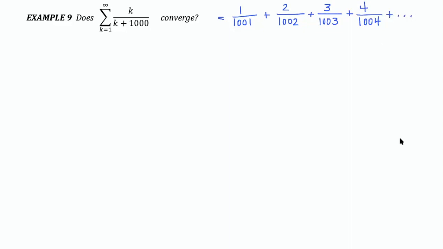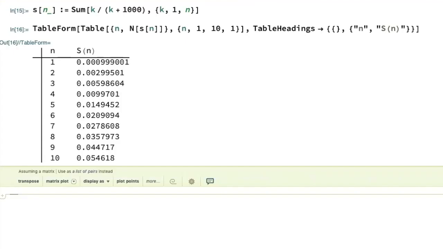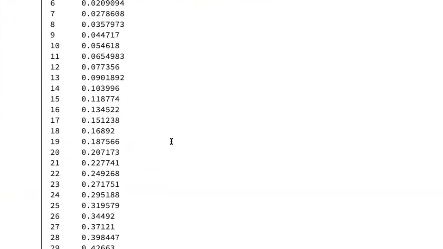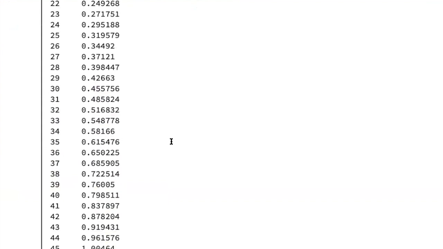I can take a look at my partial sums. Here are the first 10 partial sums, and they are increasing slowly at first, and then they seem to be picking up speed. If I go to 100, you can see they're continuing to increase.